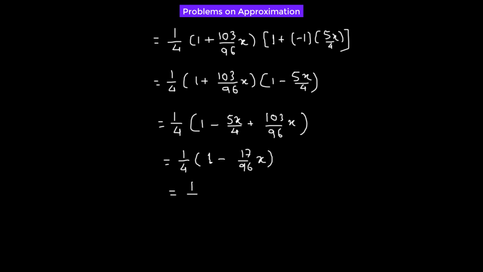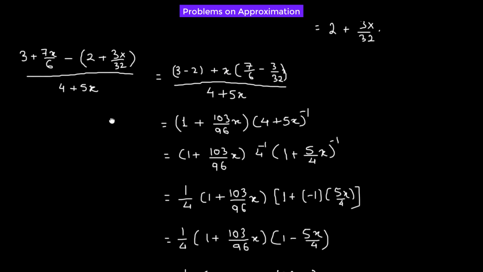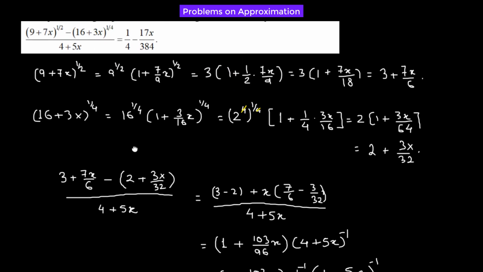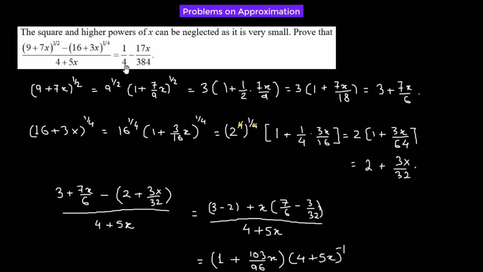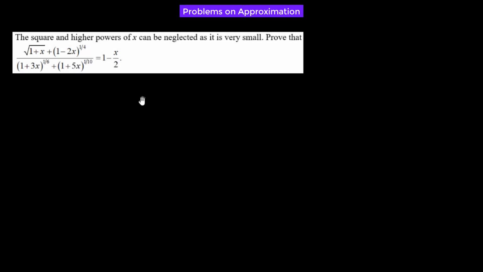So finally we have 1 over 4 minus 17x divided by 384. So let's verify. We have 1 over 4 minus 17x over 384. So this is proved. Let's go to the next question.